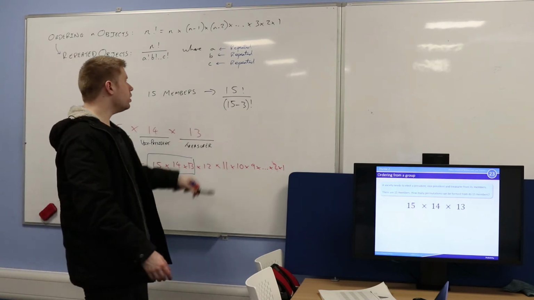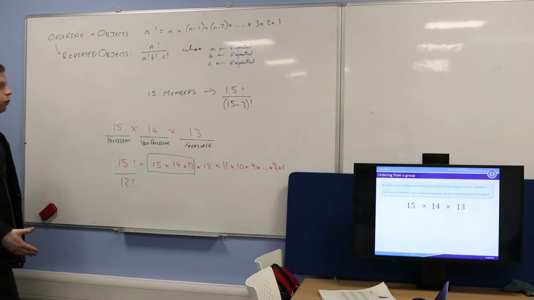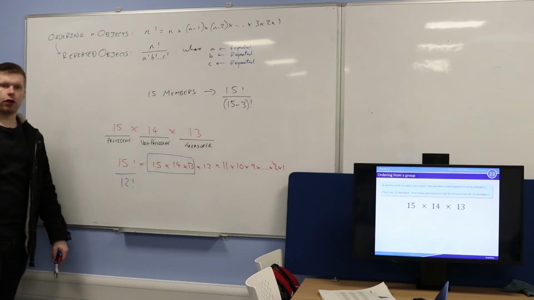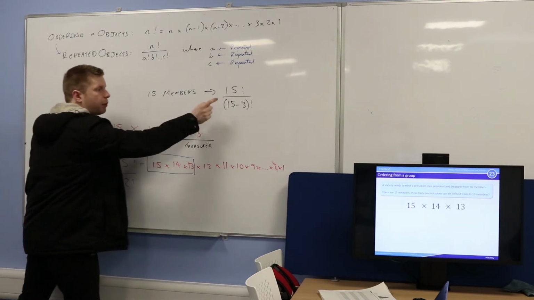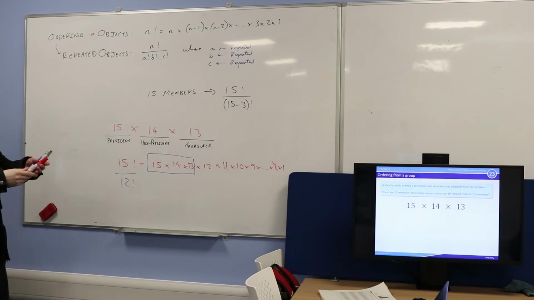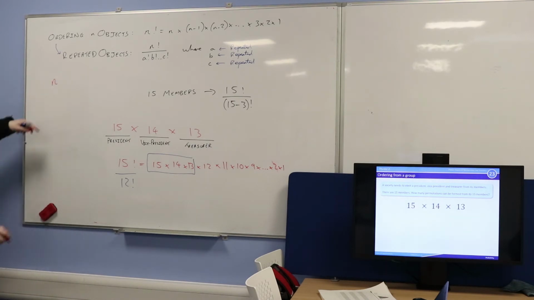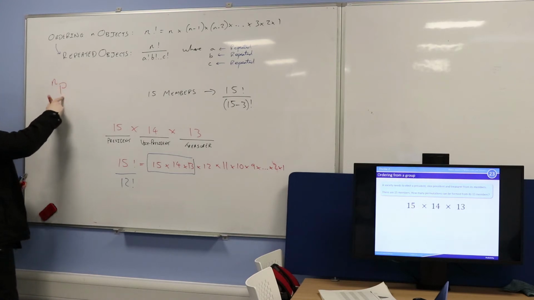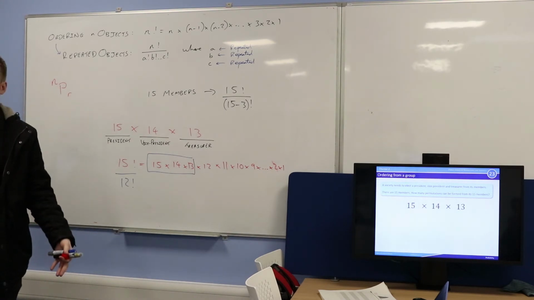So in other words, if you want to order 15 people and you only want to choose 3 of them, you can say that it's 15 factorial divided by 15 minus 3 factorial. Or in general, if you have n people and you want to order them, so you want to permute them, such that you only want to order r of them, so 3 or 4 or 5, okay?